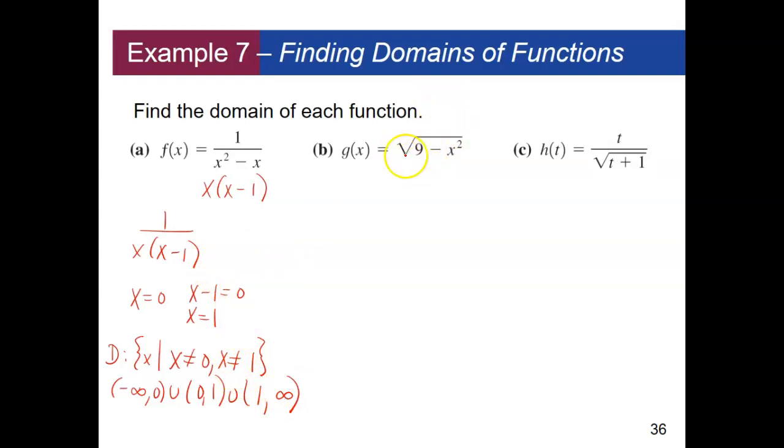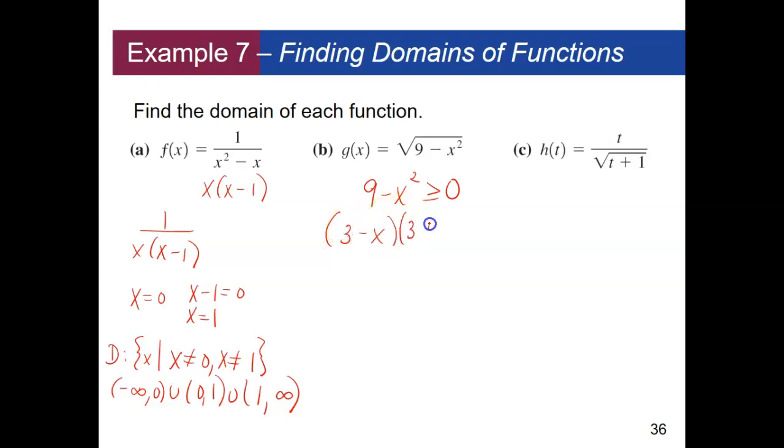Okay, if we look over here on this one, this has something underneath the radical. We need to make sure that what's underneath the radical is either 0 or positive. So we're going to set it greater than or equal to 0. We can't just move the x and take the square root because it's an inequality. So what we want to do is factor this.